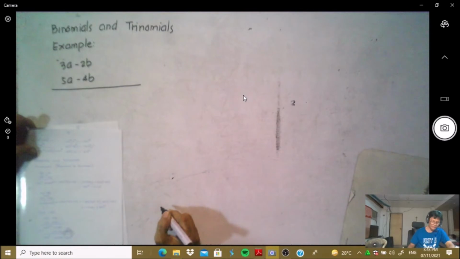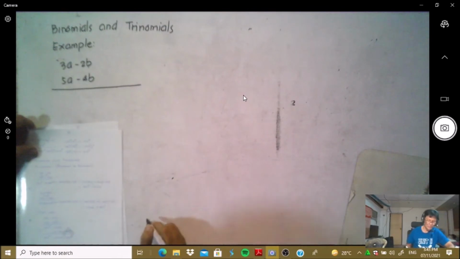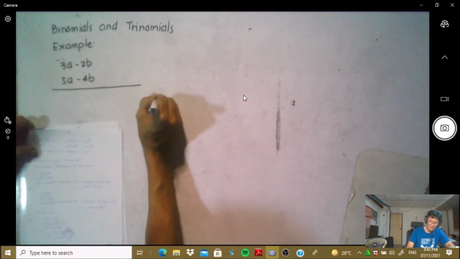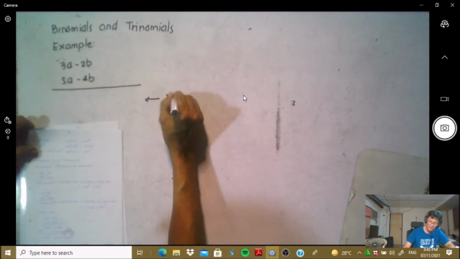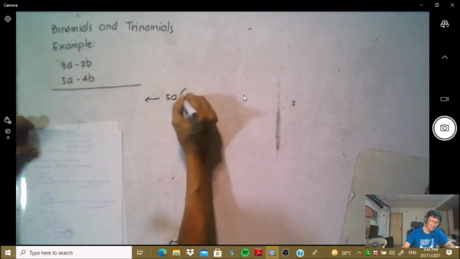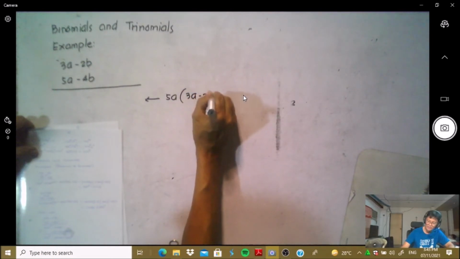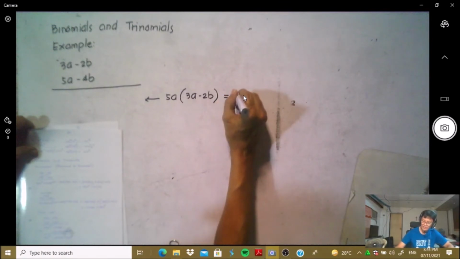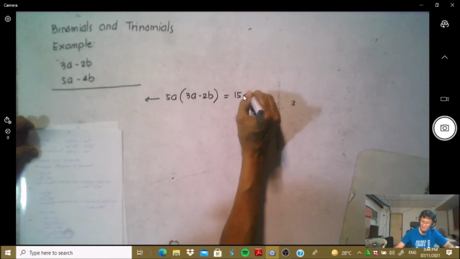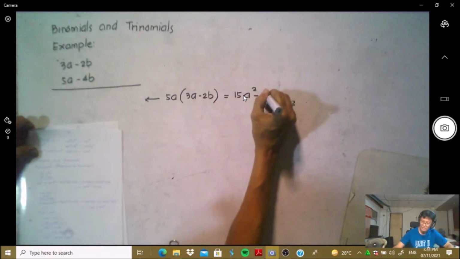Okay, for our first solution, we have to multiply this portion here first. So to make it clear, let's make our solution complete. We have 5a first to be multiplied to 3a minus 2b. So this becomes 5 times 3 is equal to 15a squared minus 5 times 2 is equal to 10ab.